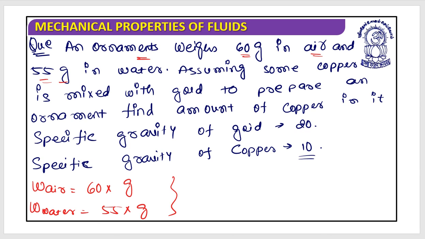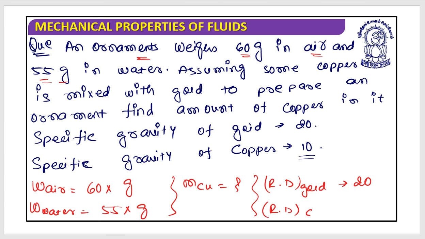Yes, the mass of copper is required, and the specific gravity, which we call the relative density, of gold is given as 20, and the relative density of copper is given as 10. This is all they have given. So what should I do to solve this, or how will you do it?